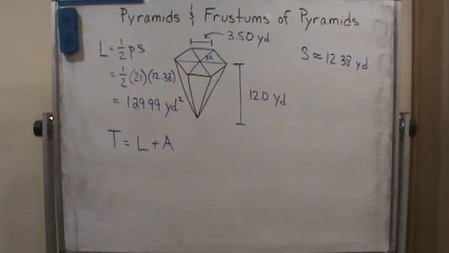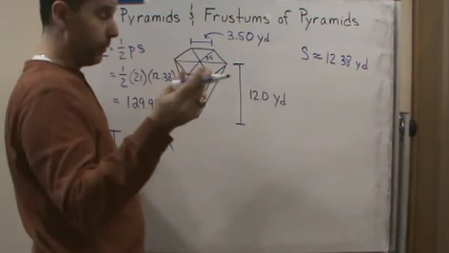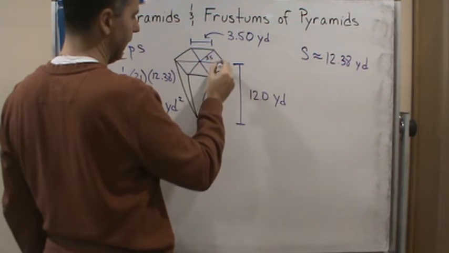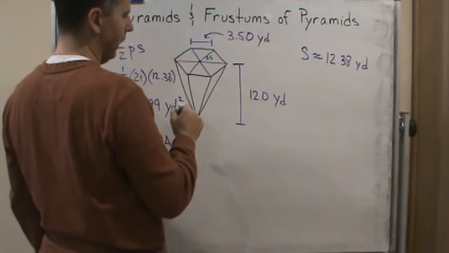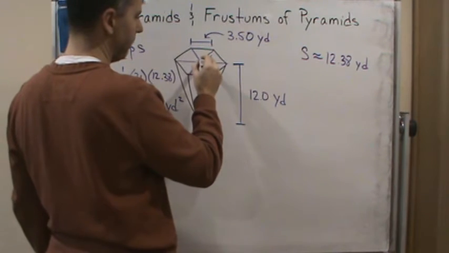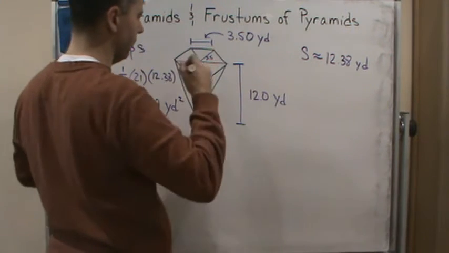Now, in this case, if you don't remember the formula, all you have to do is find the area of one of these triangles. And how do we do that? Well, we have to have the altitude, so let's draw the altitude.